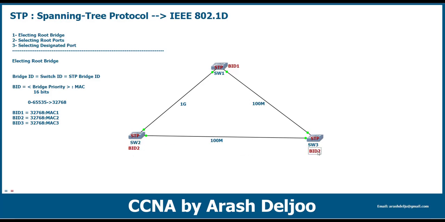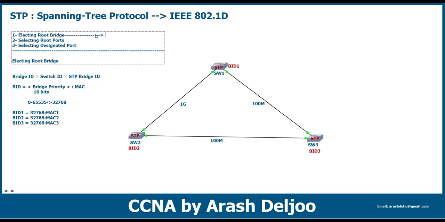Okay, now you have learned about the BID. You know that the MAC address is unique, because of that we can say each BID is unique, and BID 1 cannot be equal to BID 3 or BID 2. Now let me talk about how we are electing the root bridge. Here we have a rule of the STP.